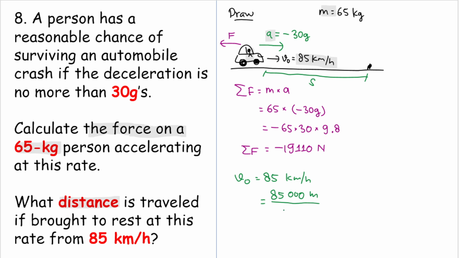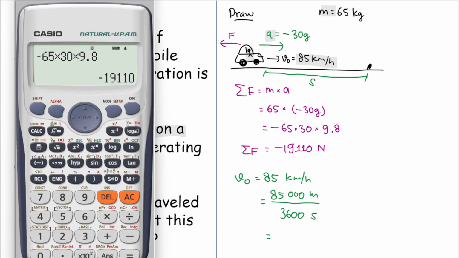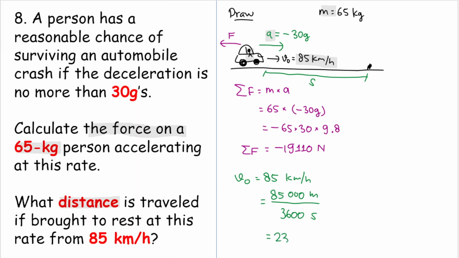So I'll have 60 times 60, so we'll have 3600 seconds. And so we will have our V0 here. Let's calculate that using calculator. So we'll have 85,000 divided by 3600. So we will have 23.6, and the unit here will be in meter over second.